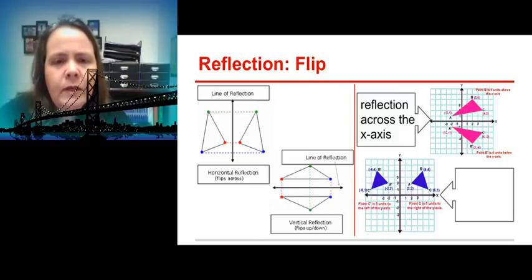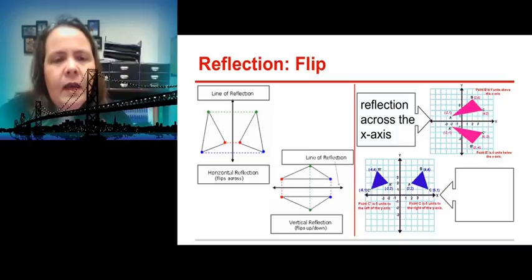We have ABC and then A prime, B prime, and C prime to show us which one our reflection is. And if you counted those points, they're the same distance from the x-axis. C and C prime are the same distance, B and B prime, and then A and A prime. Of course, here we've labeled the coordinates, and you may notice some things about those also.